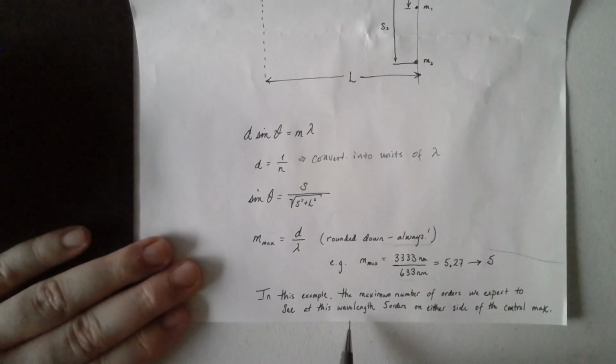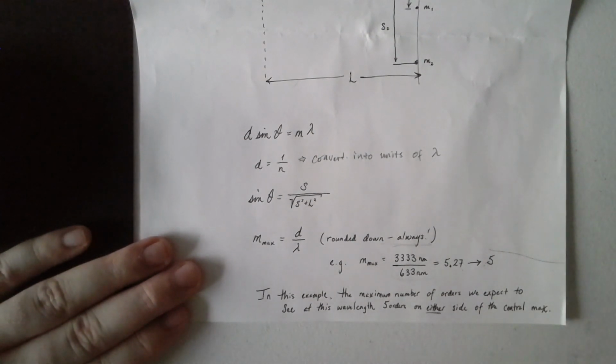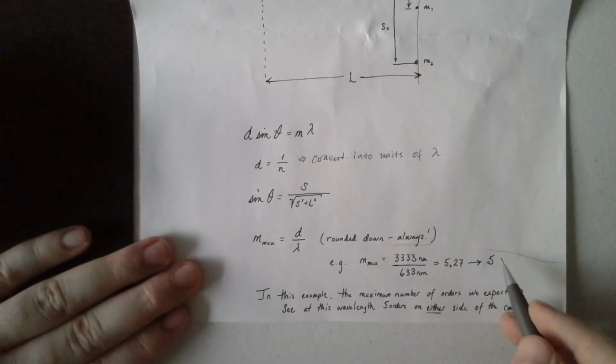Alright, so here I just say that in this example the maximum number of orders we expect to see at this wavelength is 5 orders on either side of the central maxima. So just be aware of that. I'm not asking for the total number of maxima that we see, just the max order that we can possibly see off to one side.